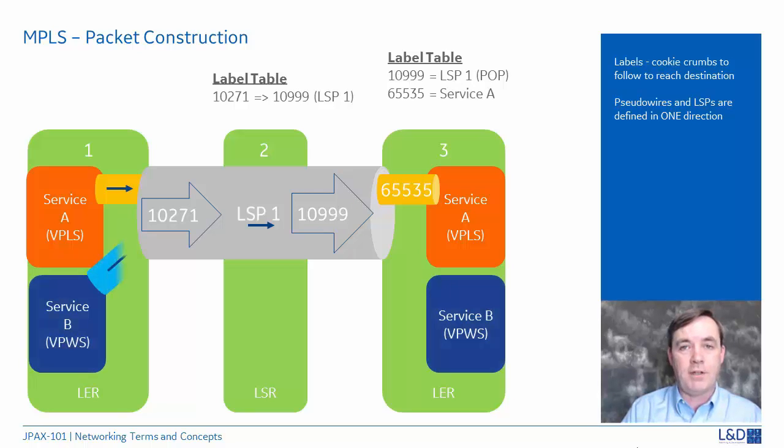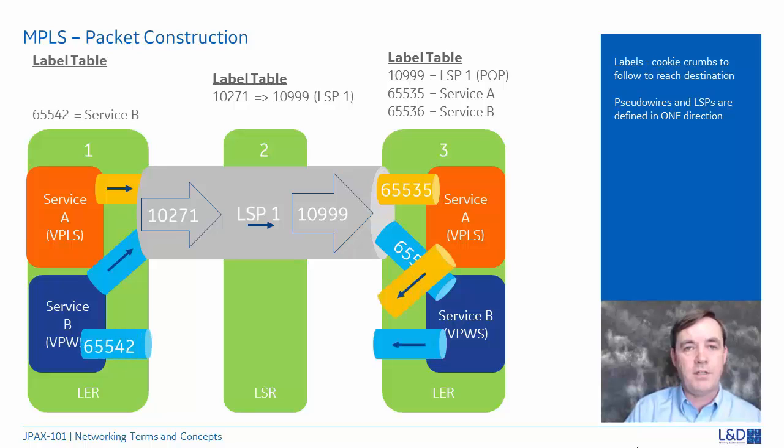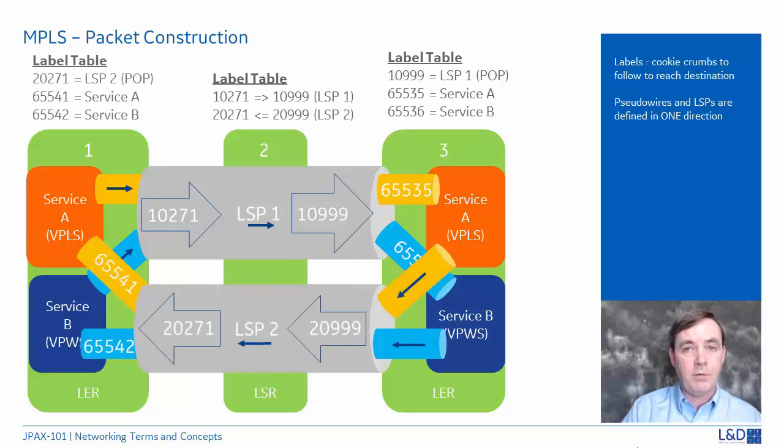Each flow of traffic for the services between that same pair of LERs will have a separate pseudowire for each service, but they can share the same LSP if the characteristics of that LSP meet the needs of the pseudowire services. Again, this is going to use the appropriate label to get to the remote endpoint. It has no relevance for any traffic coming in the opposite direction. Of course, this whole process, pseudowire and LSP label, would need to be used for the return direction as well.